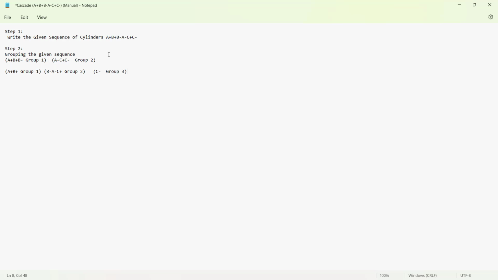Now you can simplify more this way. You can write C minus, A plus, B plus, because the A plus will happen only after the C cylinder retraction. So you can write it like this.